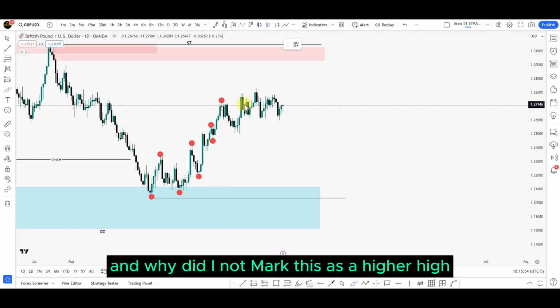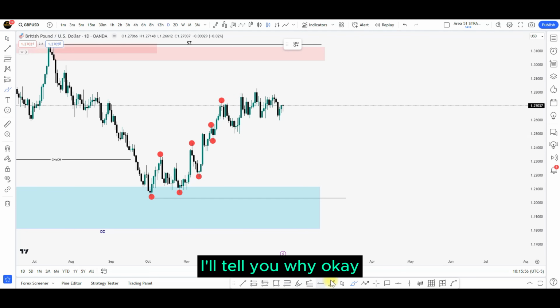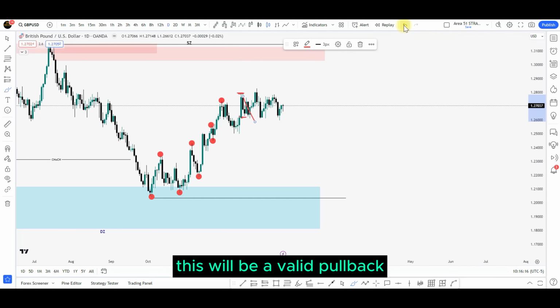And why did I not mark this as a high high? I'll tell you why. Okay, by this time you guys already understand how to identify pullbacks. So you can see this bearish candle did not trade above this bullish candle and did not trade below this bullish candle. If you went below this candle, this would be a valid pullback.